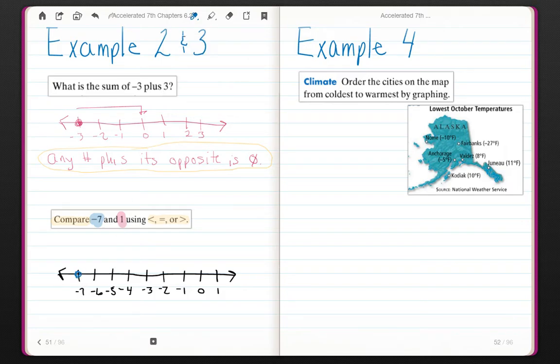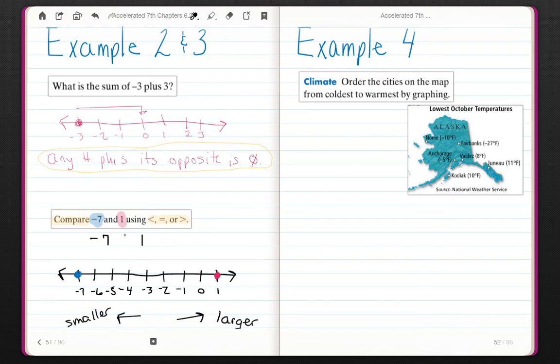So I'm going to compare -7 right here and 1 way up here. You are going to write the entire problem. So -7 something 1. Well, -7 is further to the left, and the further left you go, the smaller the number gets. The further to the right, the larger the number gets.